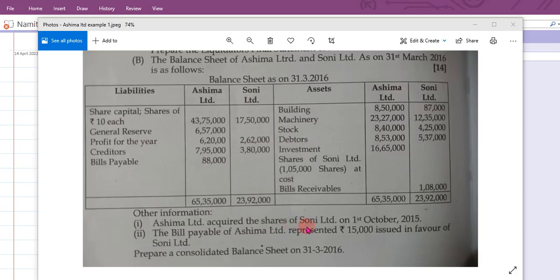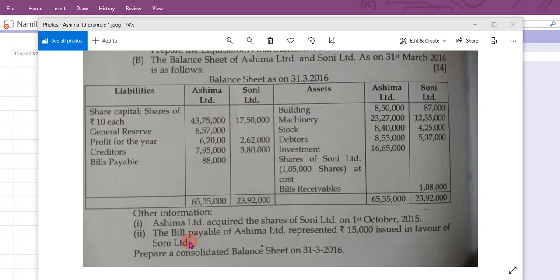And remember on which date the shares were acquired. The shares were acquired on 1st October 2015, and this balance sheet is as on 31st March 2016. That means the financial year for Anshima Limited and Sony Limited begins on 1st April 2015 and ends on 31st March 2016, and in the middle of this year Anshima Limited acquired the shares of Sony Limited.